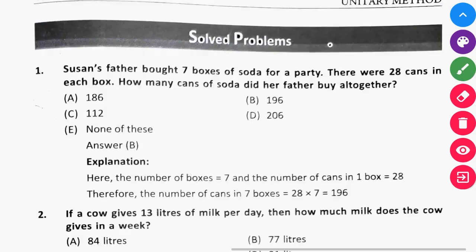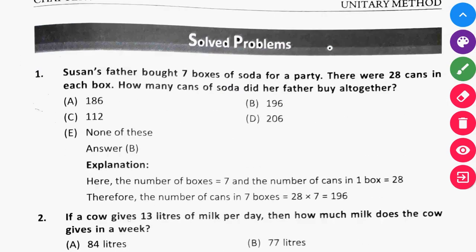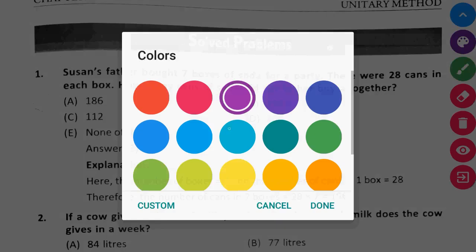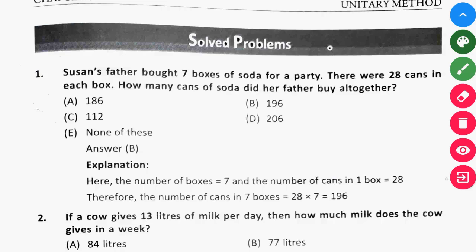The next one is: if a cow gives 13 liters of milk per day, then in a week, how many liters of milk will she give us? How many days are there in a week? 1 week has 7 days.